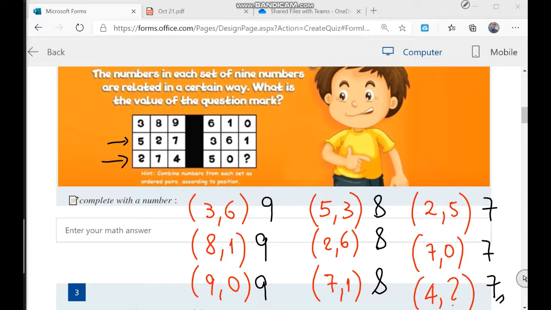And Gabriela said 3, and I think it's the right answer. If we add 4 plus the question mark equals 7, this is going to be 3. 3 is the right answer, and Gabriela got it right. 3. Keon, 3.